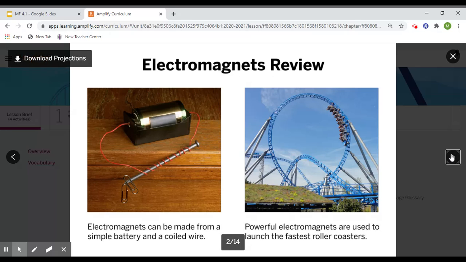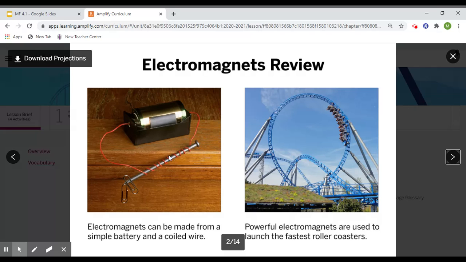So first thing I want to do is just quickly go over electromagnets. In the previous lesson, you should have watched the video for electromagnets and know what they are, but basically they can be made from a simple battery and a coiled wire. So you connect the wire to one side of a battery, coil it around a nail, and then connect it to the other side.